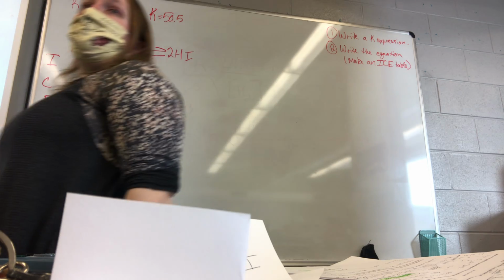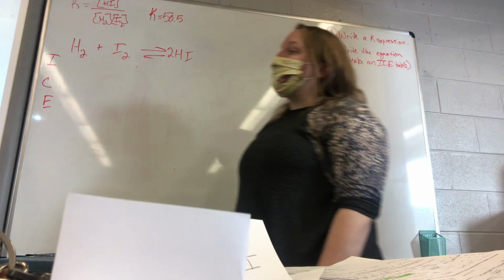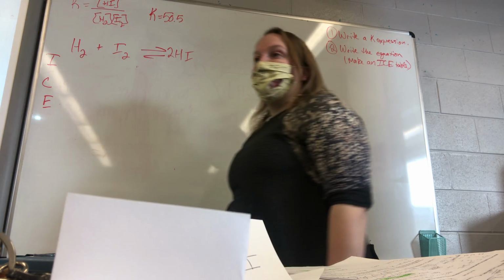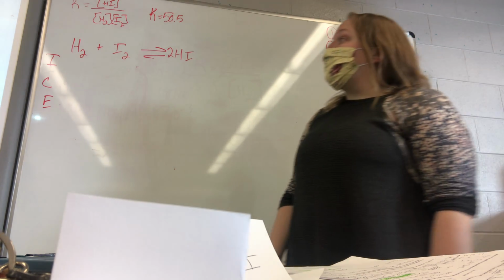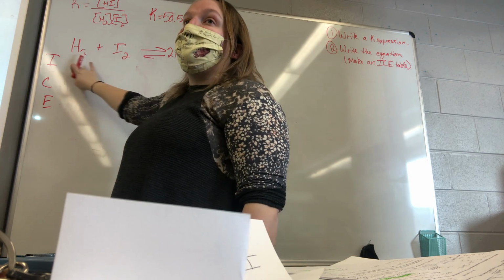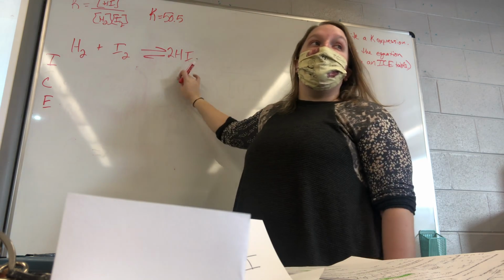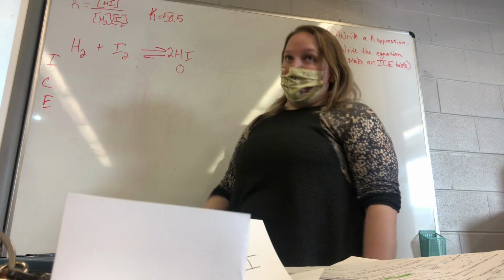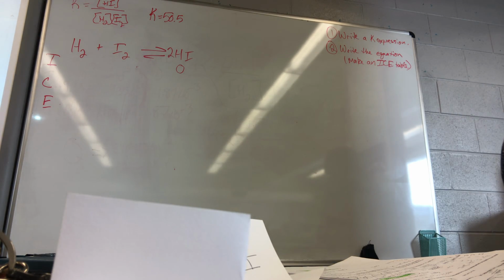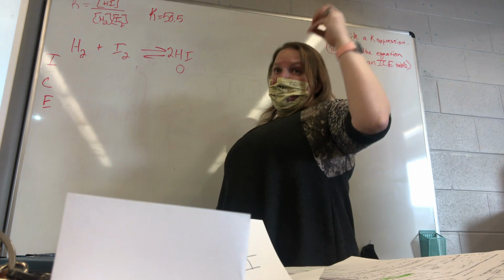The second clue that this is not at equilibrium is that this says, what is the equilibrium concentration of everything at equilibrium? Okay? So first thing I'm going to do is write concentrations into my initial area. If I'm not given an initial concentration, you assume it is 0.